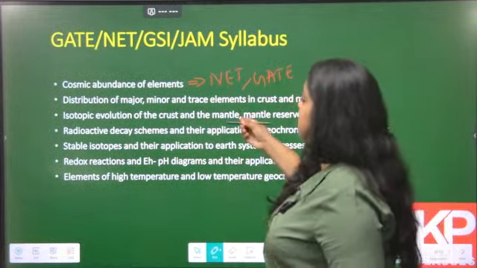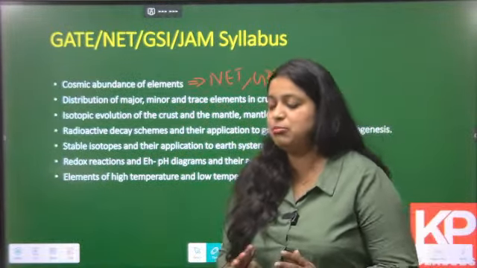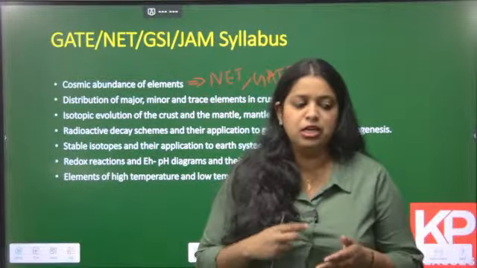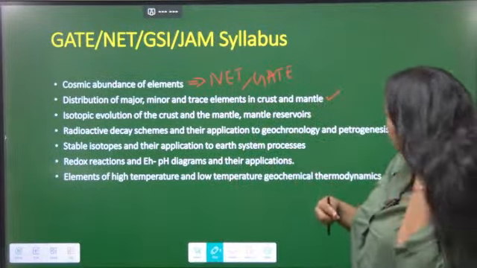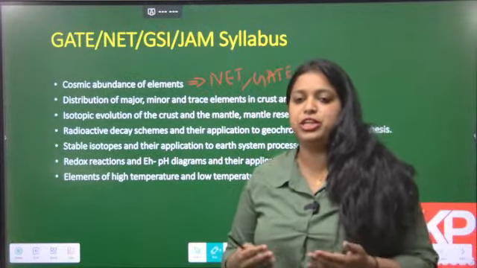Then the next one is distribution of major, minor, and trace elements in crust and mantle. Trace element is a very important subject for all examinations related to earth science. These trace element terms are very important.